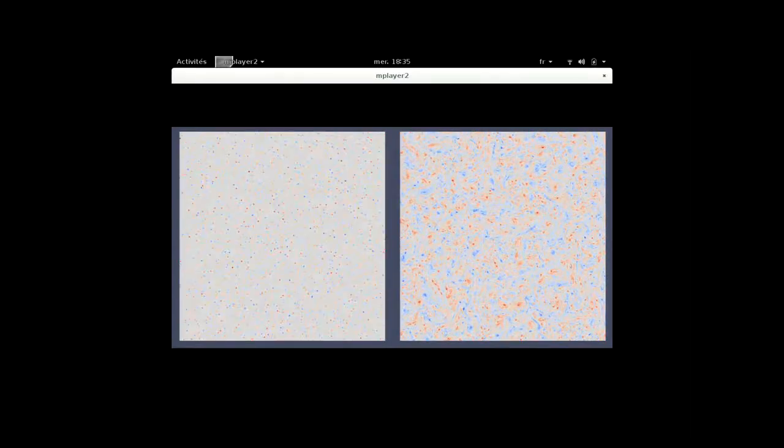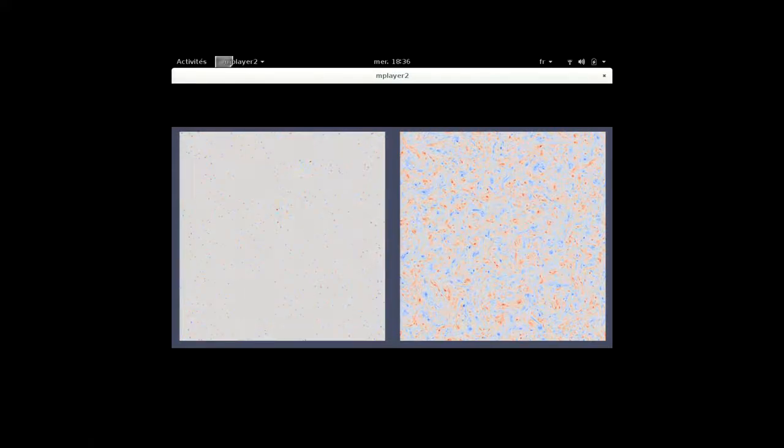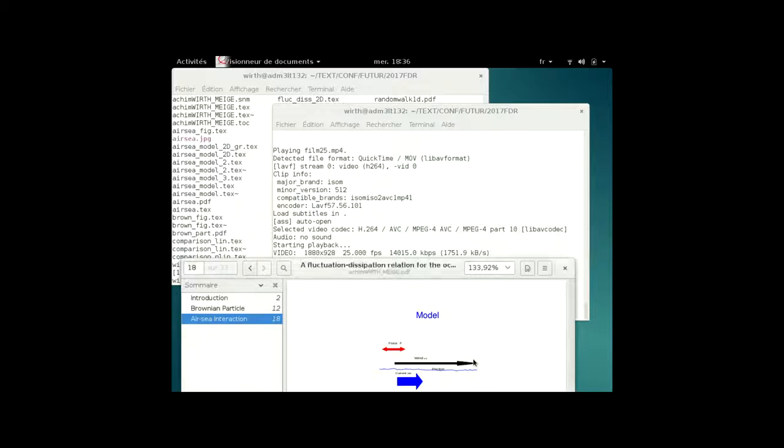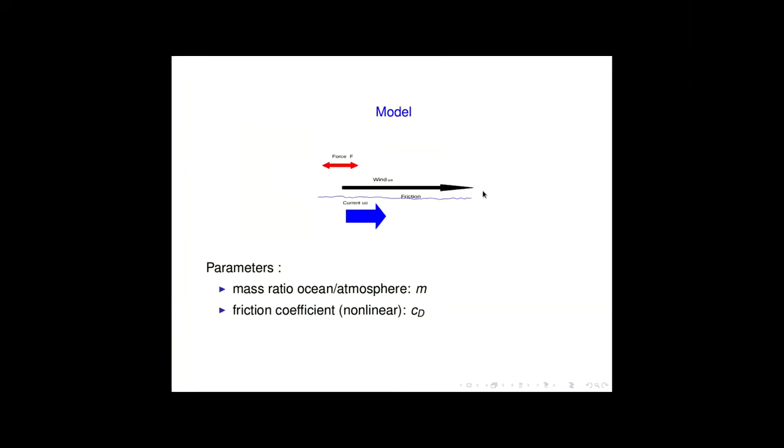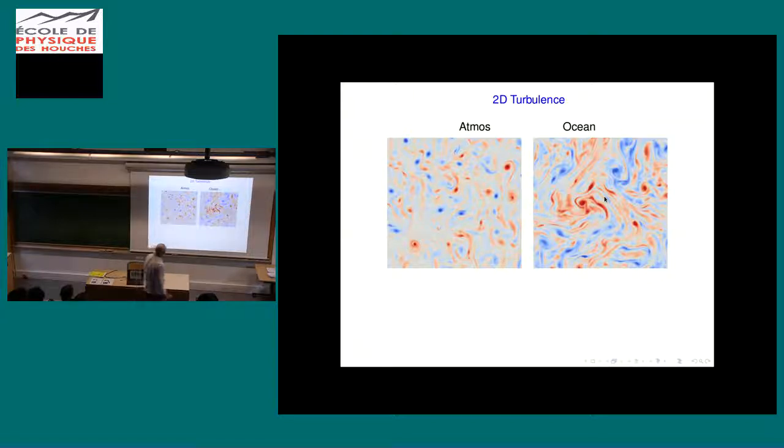Let me go back to my presentation. Here I again have a picture of the atmosphere and the ocean. Here I just made a zoom.